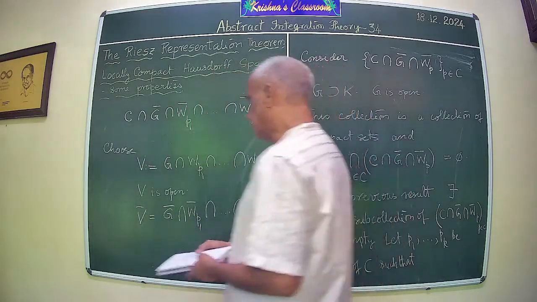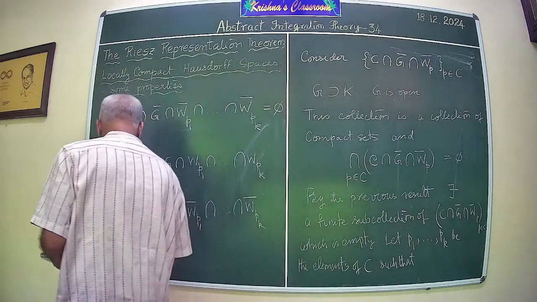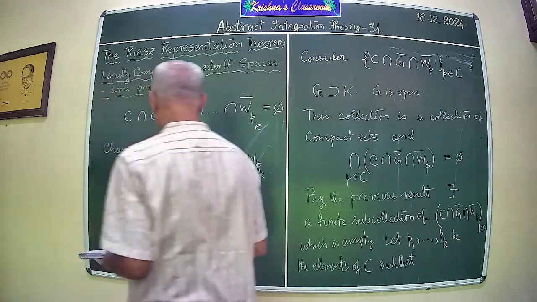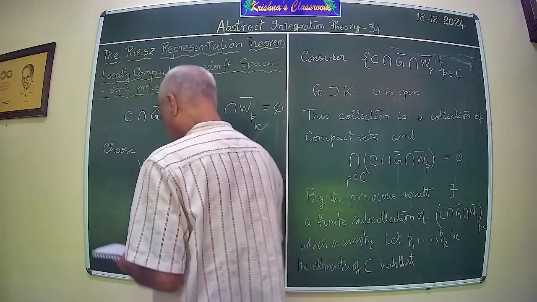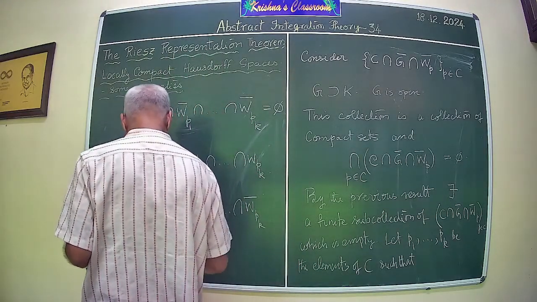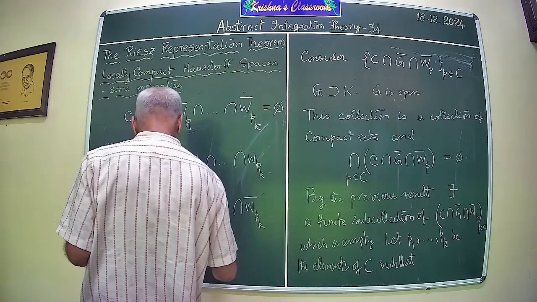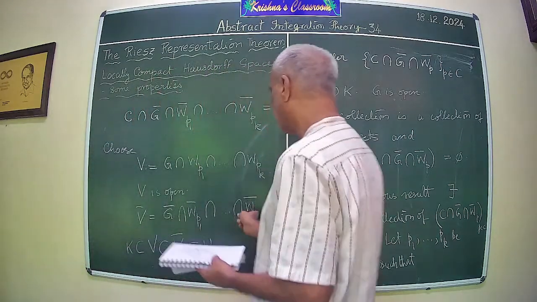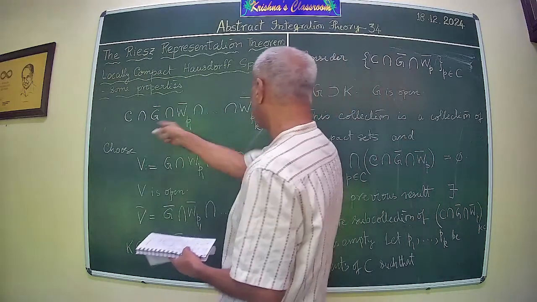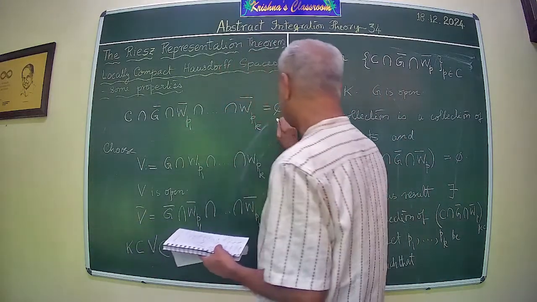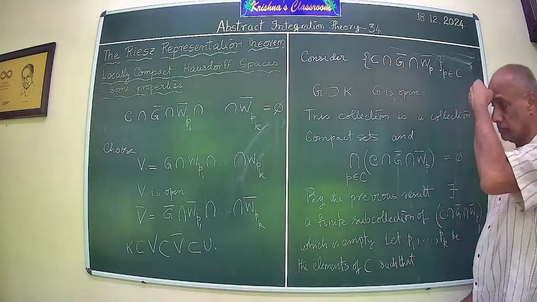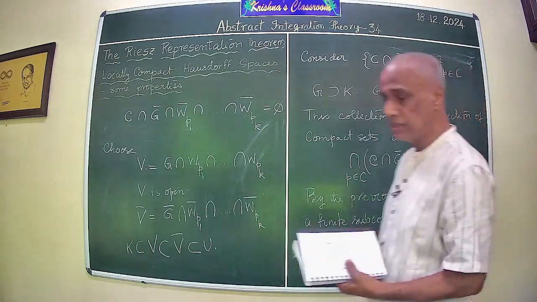So what one gets is that K is contained in V, and that is contained in V closure, and that is contained in U. Now the last part comes from this empty intersection. Okay, so this completes the proof.